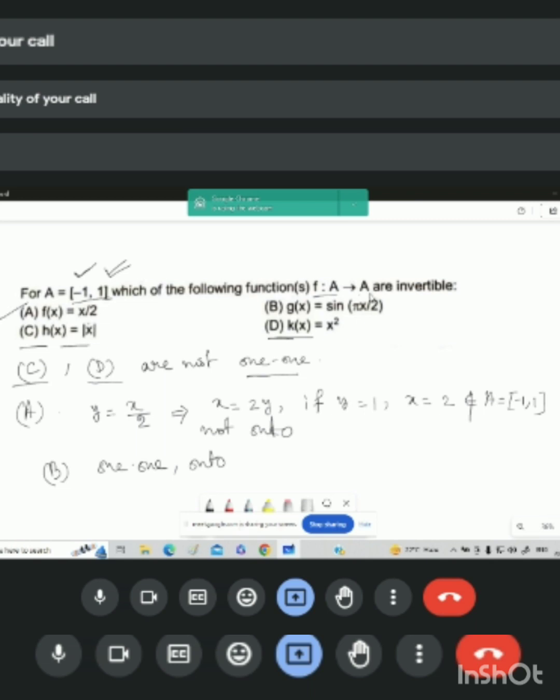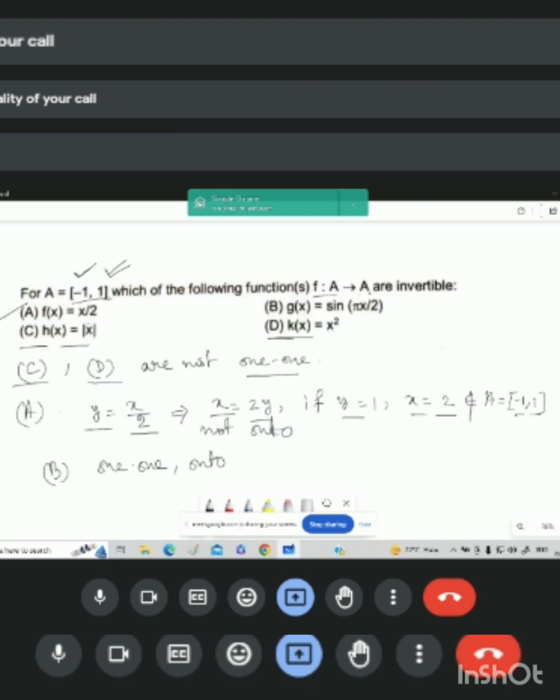And for option A, we see that the function is one-to-one, but the function is not onto, because if we take any arbitrary element y in the codomain, the interval minus 1 to 1, and y equals x divided by 2 implies x equals 2y, and if we take y to be 1 we get the value x to be 2, but 2 is not included in the interval minus 1 to 1.